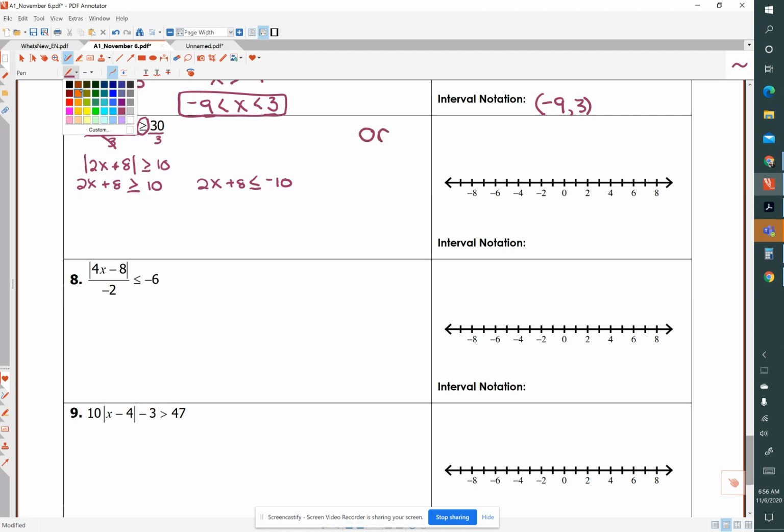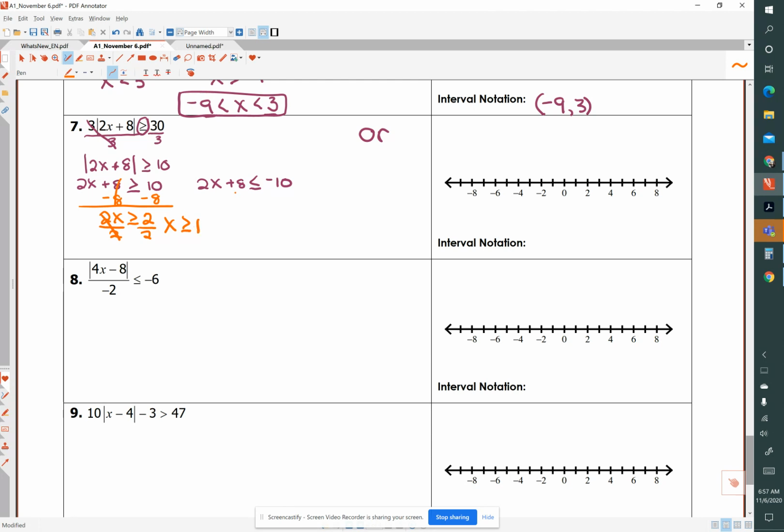Let's go ahead and solve these. So we will subtract 8 from both sides of the inequality. 2x is greater than or equal to 2. We'll divide both sides by 2. And x is greater than or equal to 1.